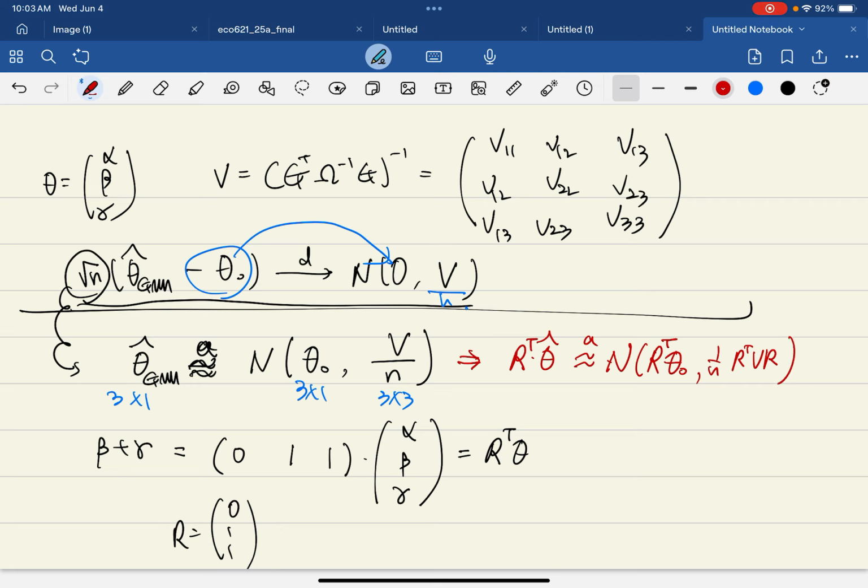This is maybe what you have learned in an undergraduate course. Basically, the idea is the same. Or if you use this asymptotic approximation directly, you can just use the same thing: square root of n times r transpose theta hat minus r transpose theta 0 converges in distribution to normal 0, r transpose V r. So we are going to use it.